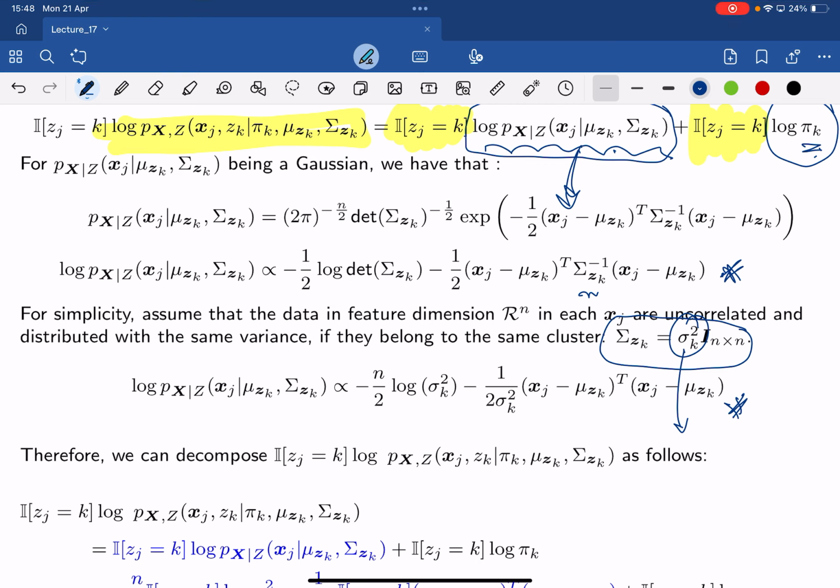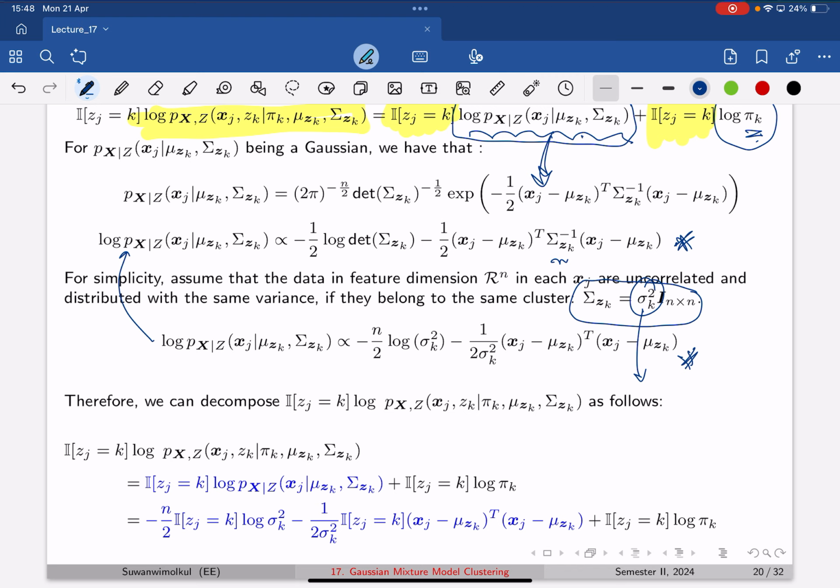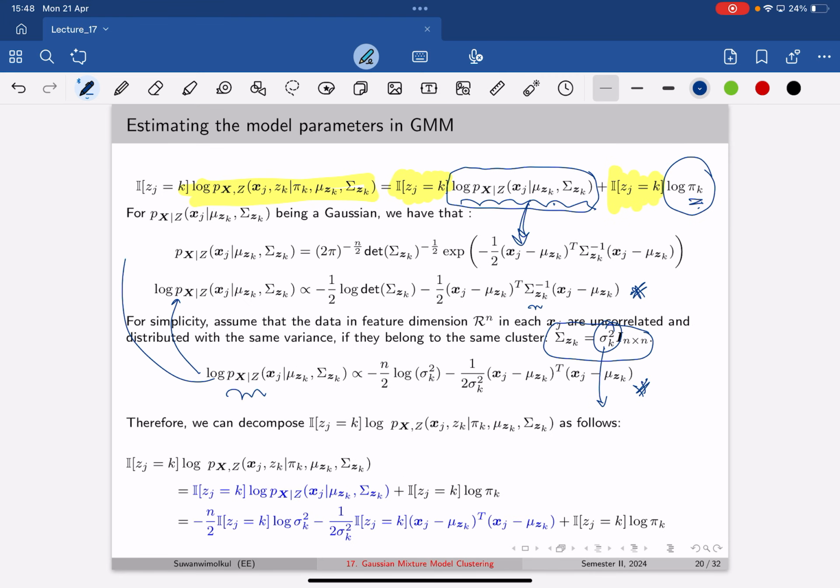And this one will be much simpler to solve than the full formulation of the Gaussian distribution, right? So next, once we have this formulation done, we just put it together into the original formulation, which results in this one.